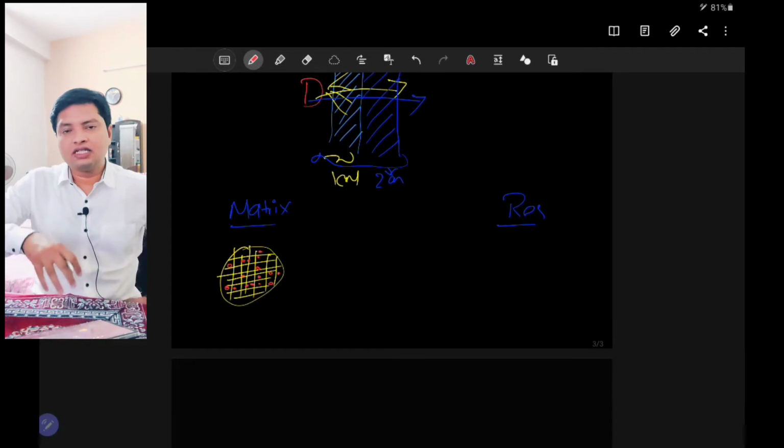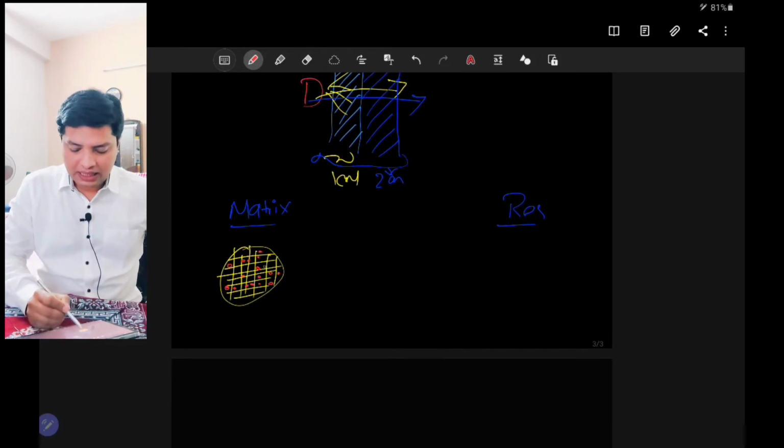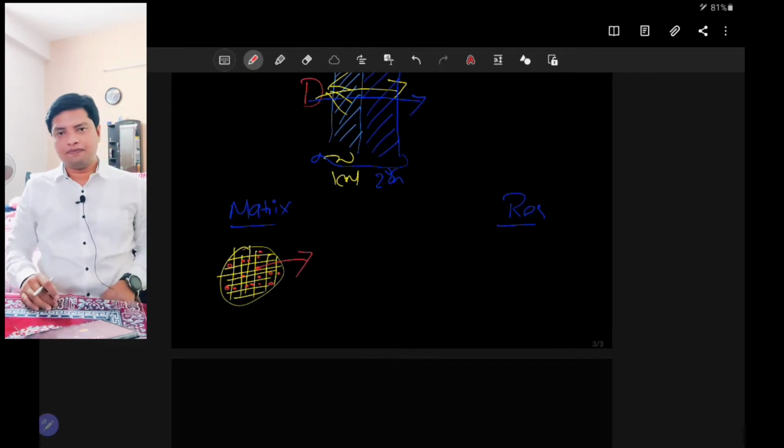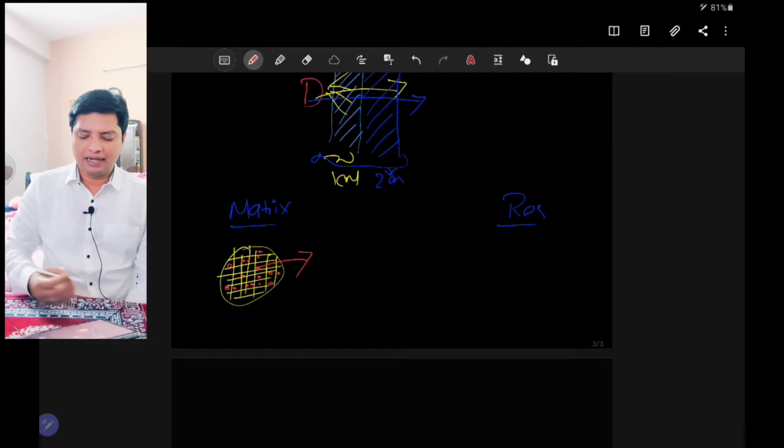When this system enters water, the polymer will swell. Once the polymer swells, the drug will take time to come out of the matrix. The polymer swells and provides a barrier for the drug to come out. That is the matrix system.